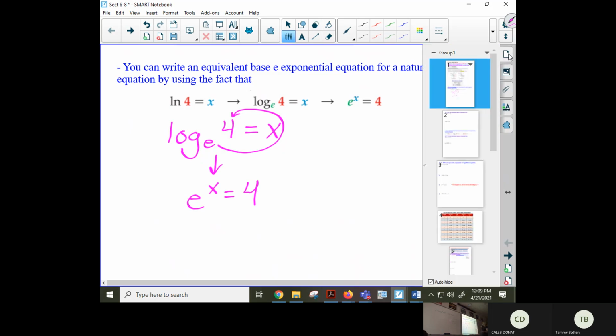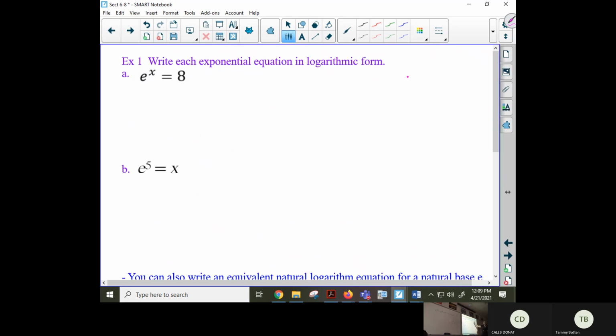All right, so let's go to this page here, and this is asking us to take this exponential and put it into logarithmic form. What I do is I always write these like this, and I think of it as a loop. I don't enter the natural log at the beginning.